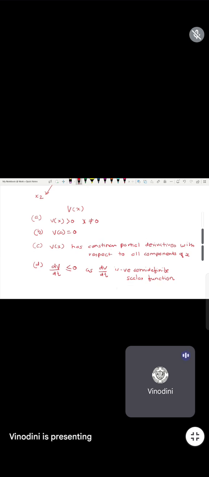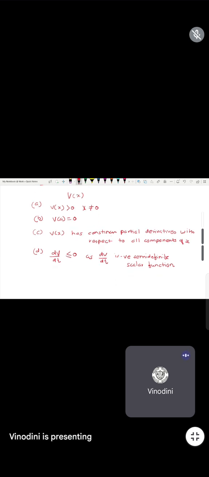That's why it is written as equal to 0 also. It can be 0, but it is negative. Then the system is done.